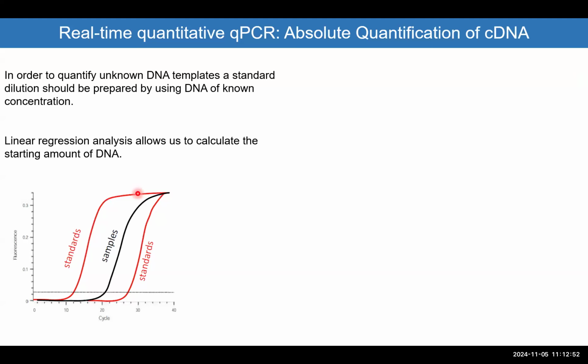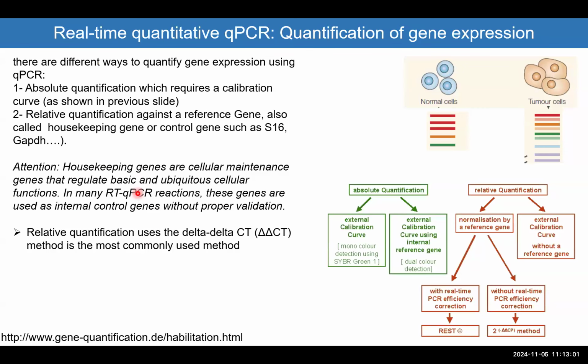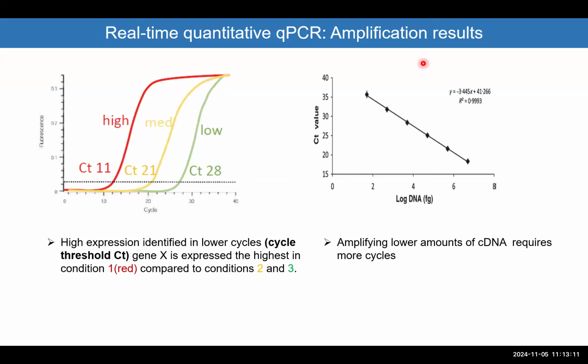So I think that gives you a good indication of how we can use the qPCR. Now, in order to make a quantification, we can do two different types of quantification. We can do the absolute quantification, which would require this curve.